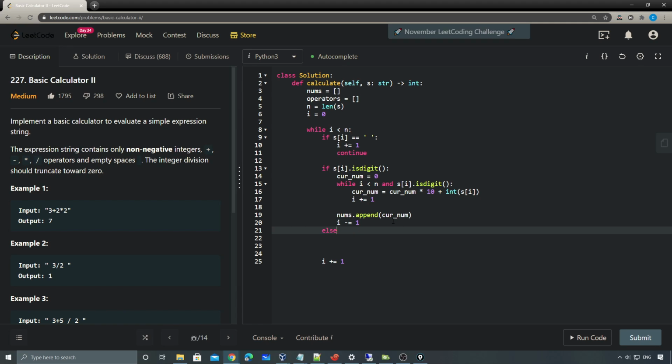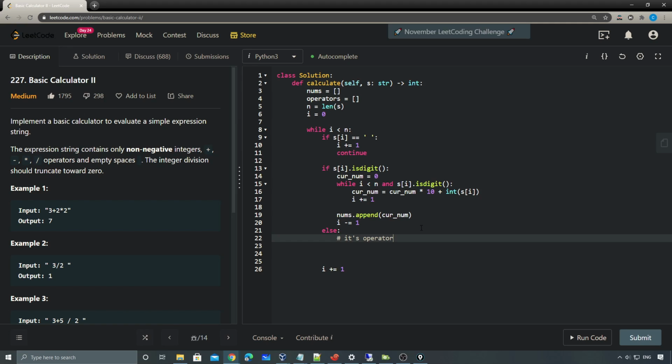What is the else case? The else case means that it's an operator.